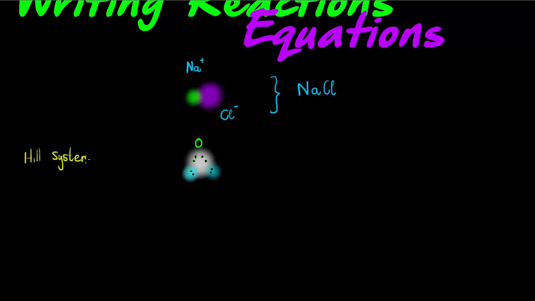the Hill system says always write carbon first, then hydrogen, then the rest alphabetically.